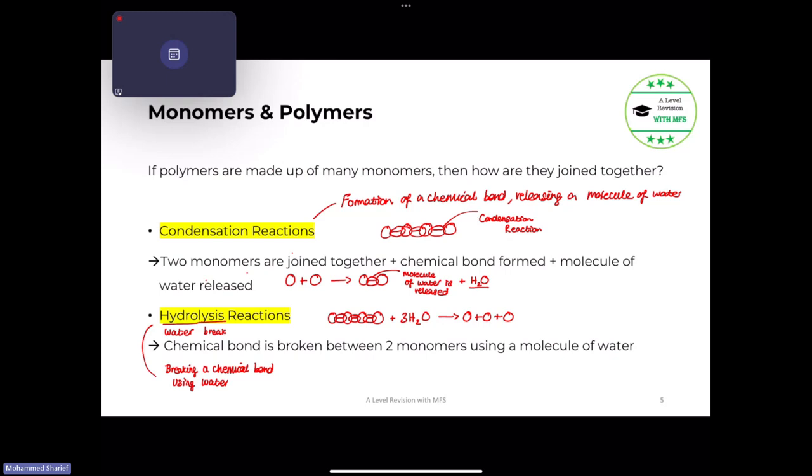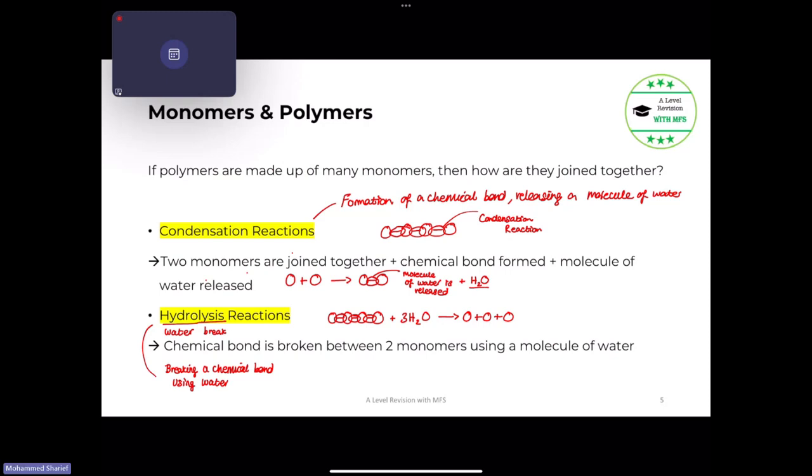Okay, and this is when you are going from a larger polymer into its individual constituent monomers. And each molecule of water which is used will break one chemical bond. And then we had a look at some examples.